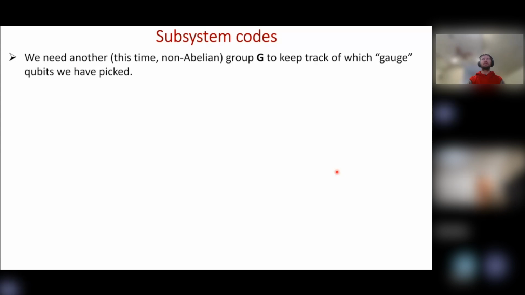But to generally define subsystem codes, you will need basically to define the underlying stabilizer code, and then to define a group to define which qubits you've picked to be gauge qubits. And for that, you can use another group to do that. That's called the gauge group. So this is the kind of nesting that's pertinent to gauge qubits, to gauge codes, subsystem codes.